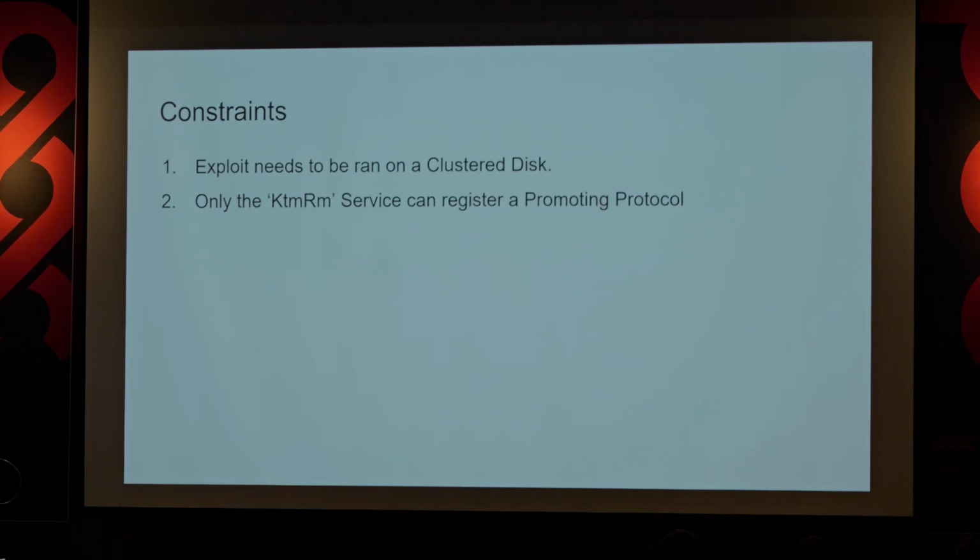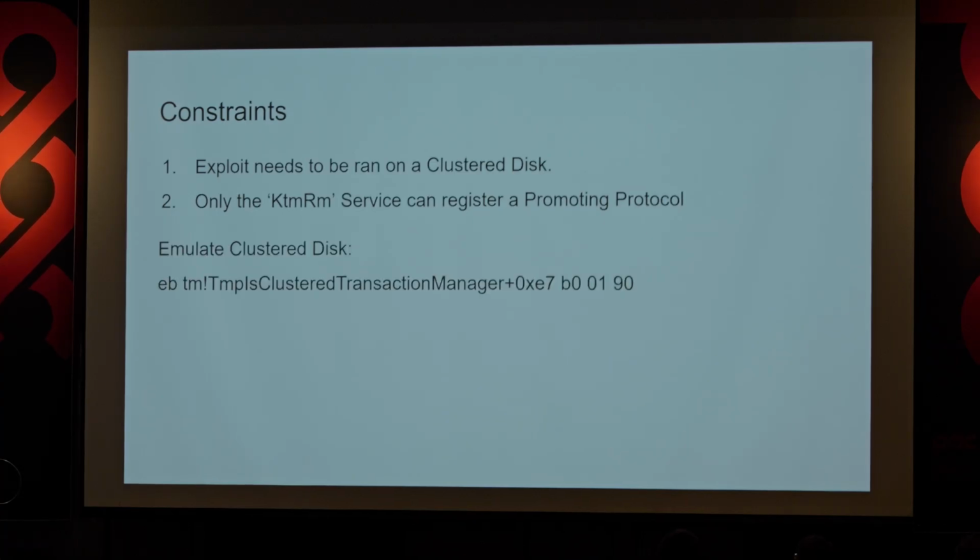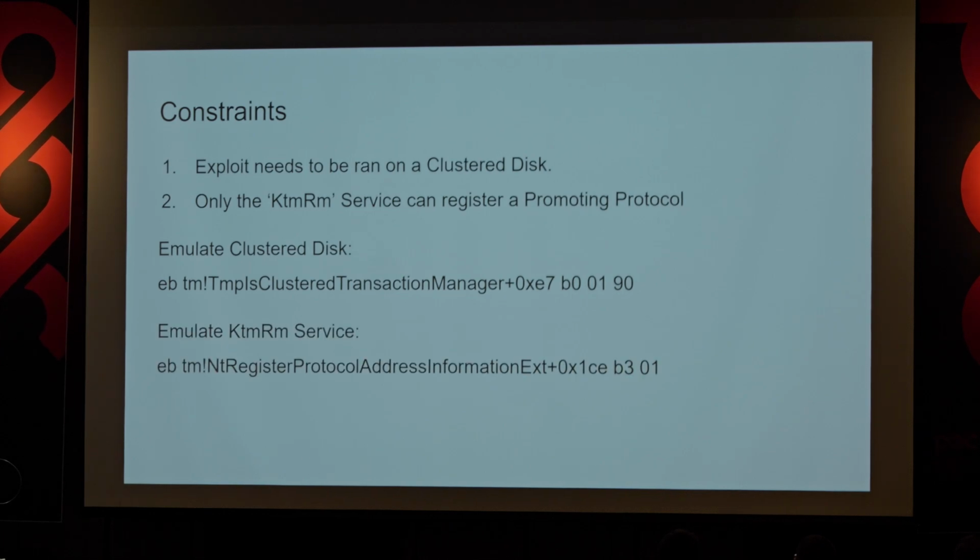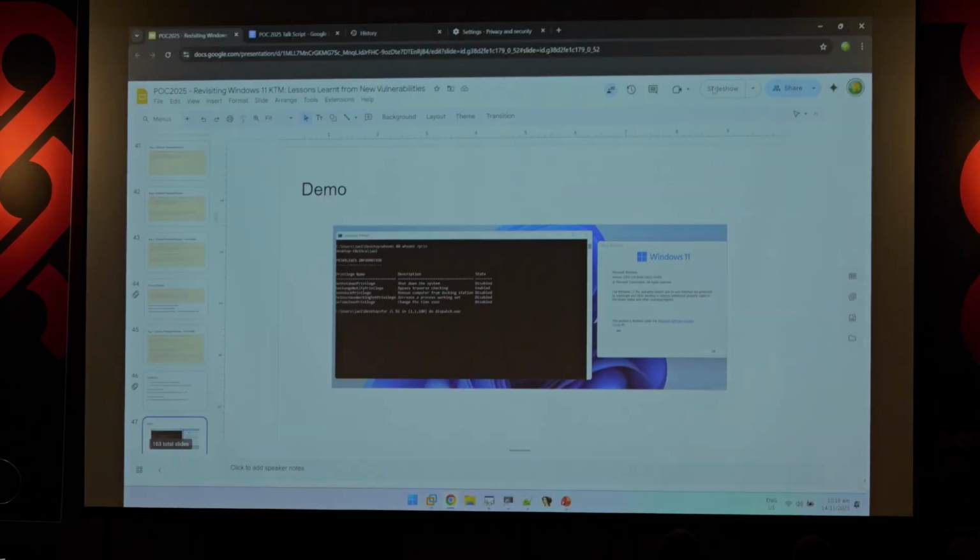For the purposes of the upcoming demo, I'll be using this WinDbg command to patch this function to emulate a clustered disk, and use this WinDbg command to patch this function to emulate running within the context of a KTM RM service. So let's try it right now.